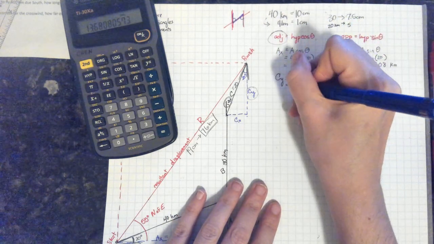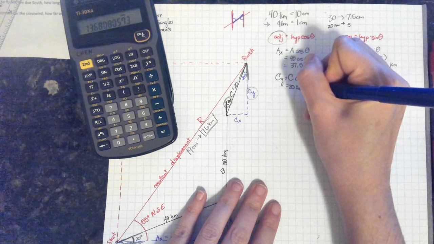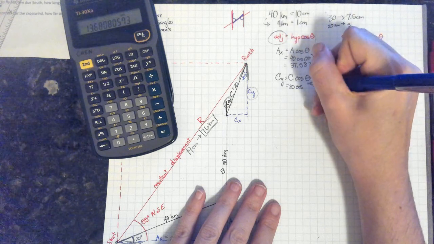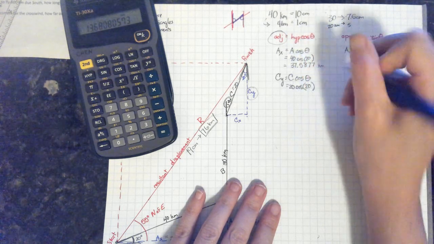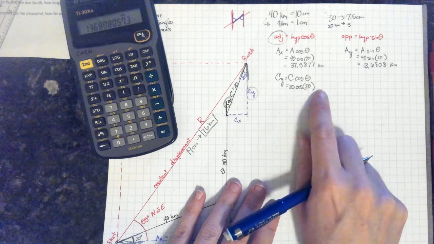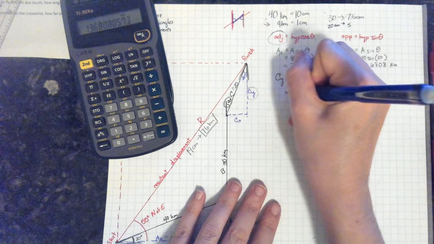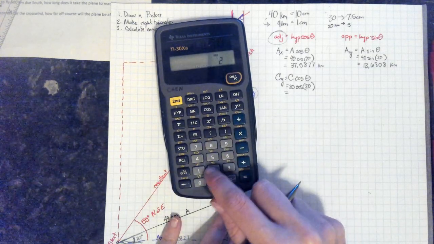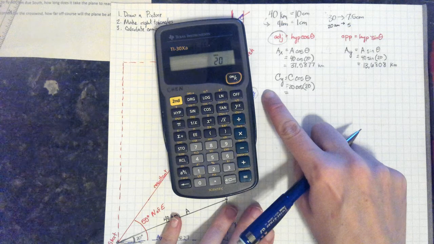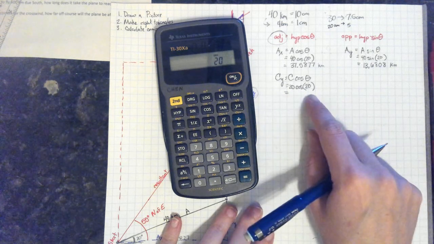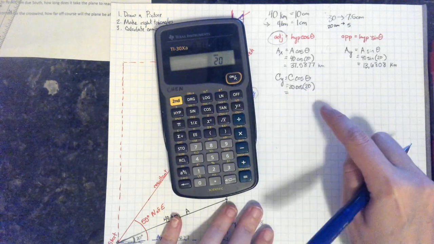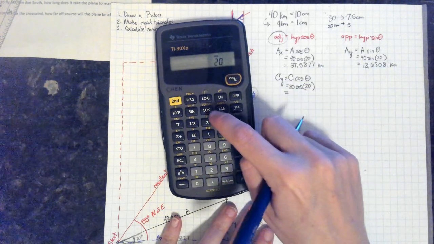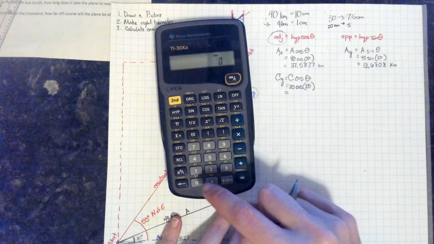I wanted you to see that the cosine can be used for a vertical component depending on what angle we're given. So 20 cosine 20. Remember, even though it's the same back and forth, on this calculator I'm going backwards. 20 cosine times 20.